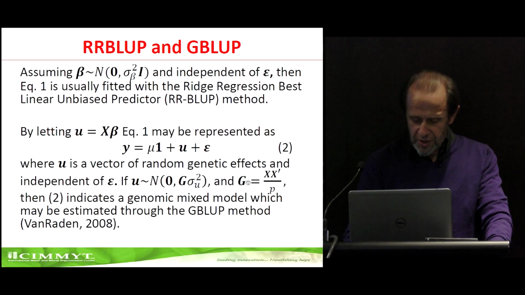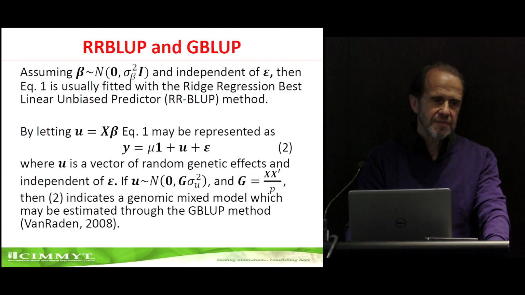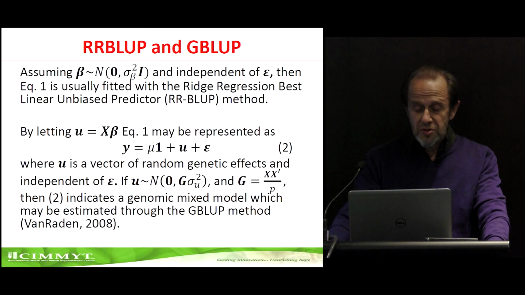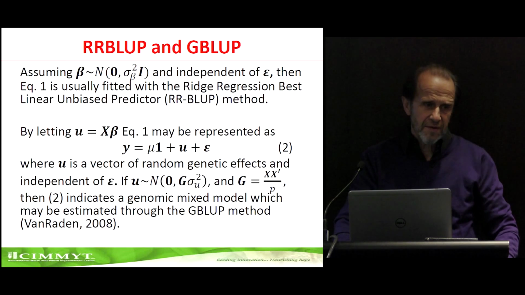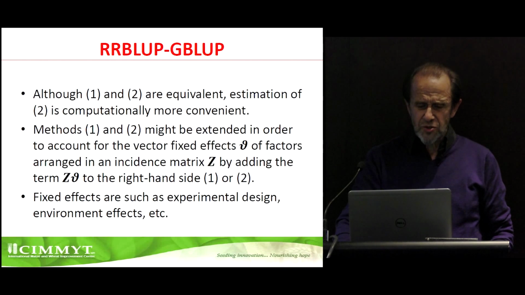So the solution to this equation is the G-BLUP. The other one is the R-BLUP. This is what we usually do most of the time, not every time, in genomics, because this is very simple and everyone understands and uses it. So equations 1 and 2 are equivalent.